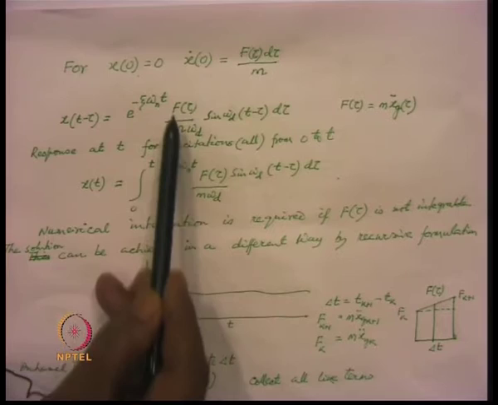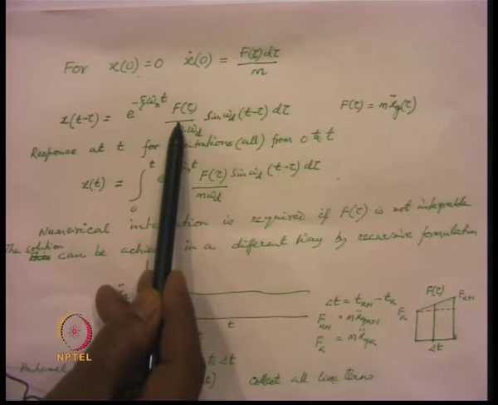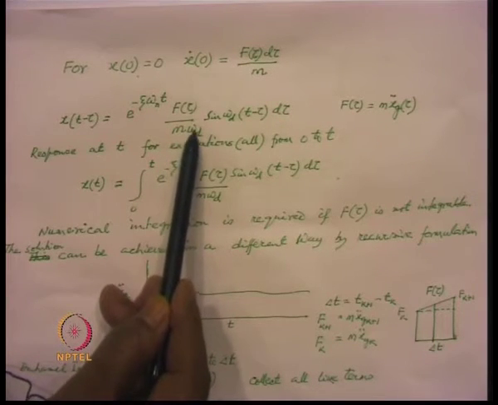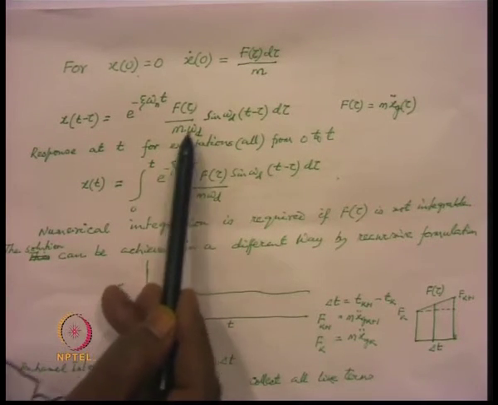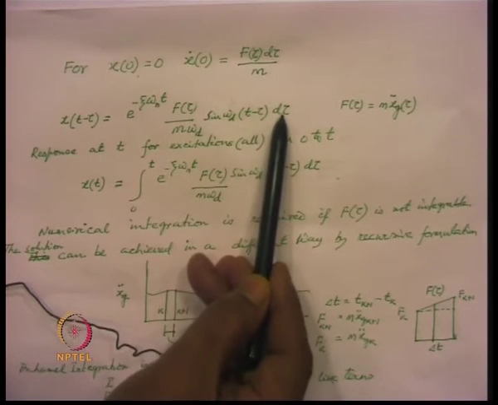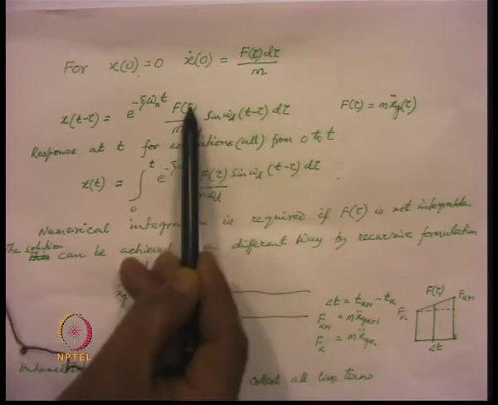So, that is f tau divided by m, which becomes the initial velocity, and omega d is the damped frequency, and sin omega d (t minus tau). The d tau comes because f tau d tau is the total impulse.